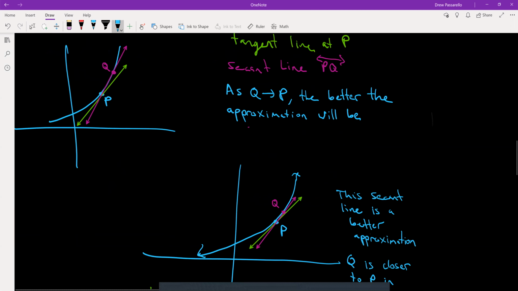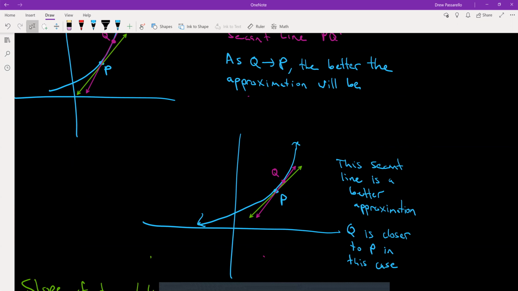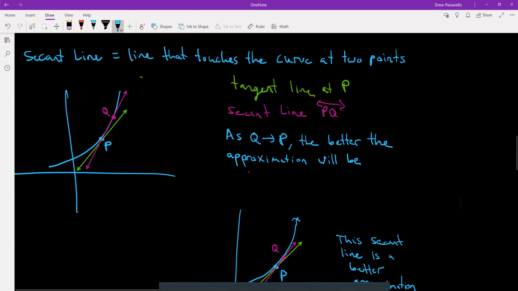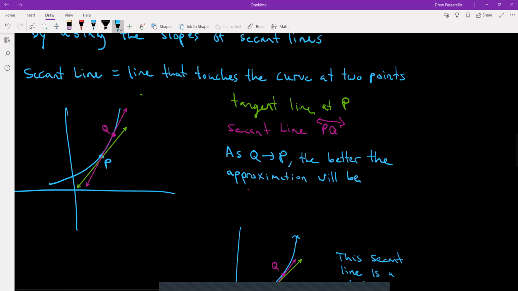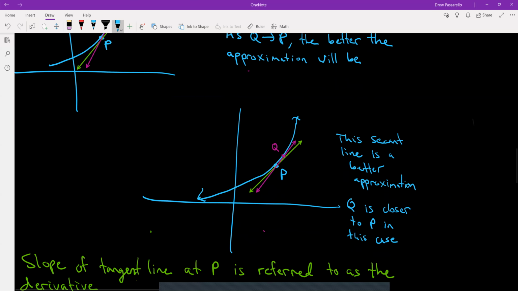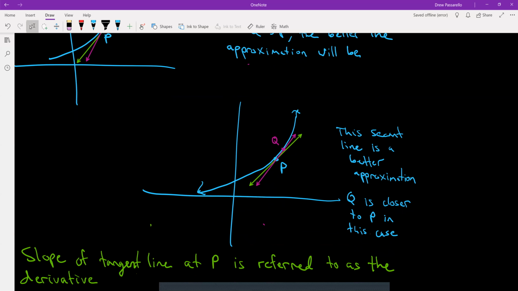What I drew right here is a second diagram of the same thing, but in this case I drew Q as being closer to the point P. And you'll see that the purple line is mirroring the green line better than in the first picture. So the secant line becomes a better approximation as the point Q gets closer to the point P.